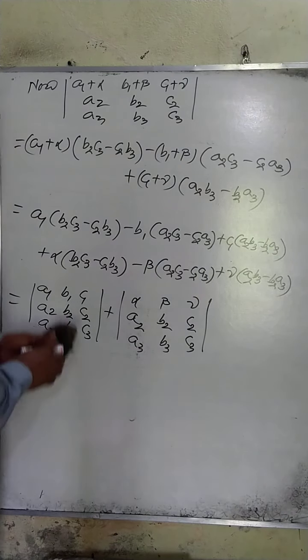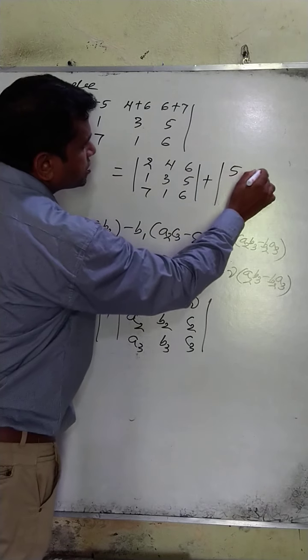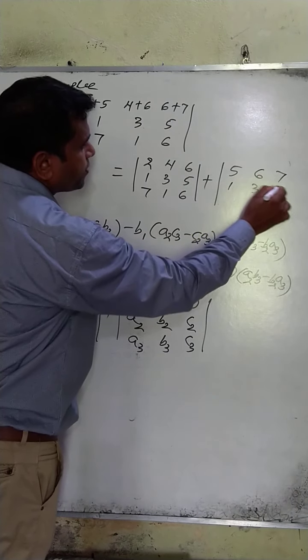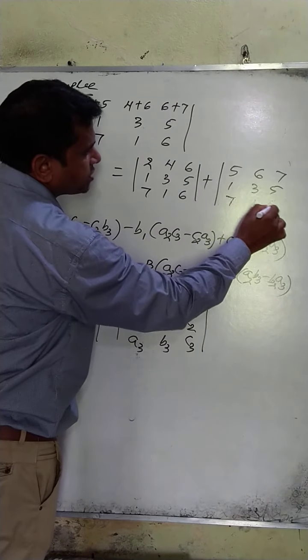Okay, now we take an example. Verify: the determinant 2 plus 5, 4 plus 6, 6 plus 7, 1, 3, 5, 7, 1, 6 is equal to the determinant 2, 4, 6, 1, 3, 5, 7, 1, 6 plus the determinant 5, 6, 7, 1, 3, 5, 7, 1, 6.